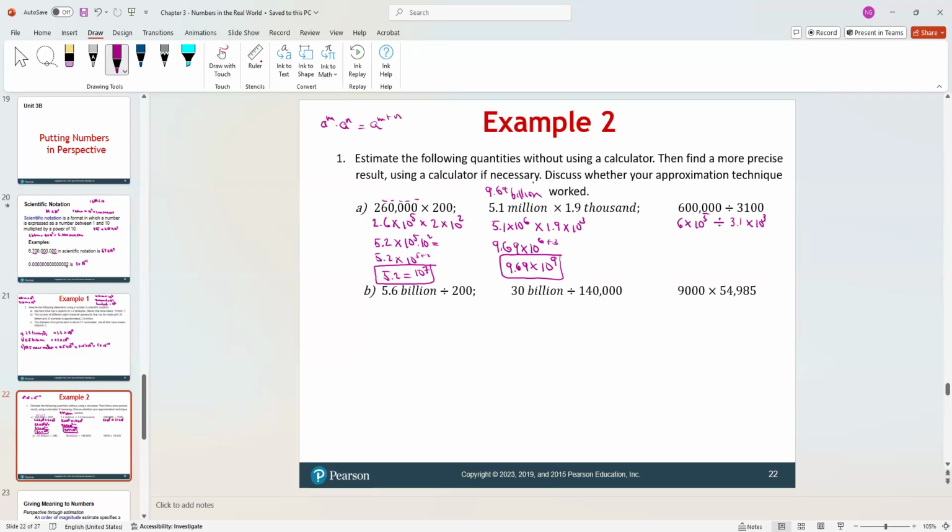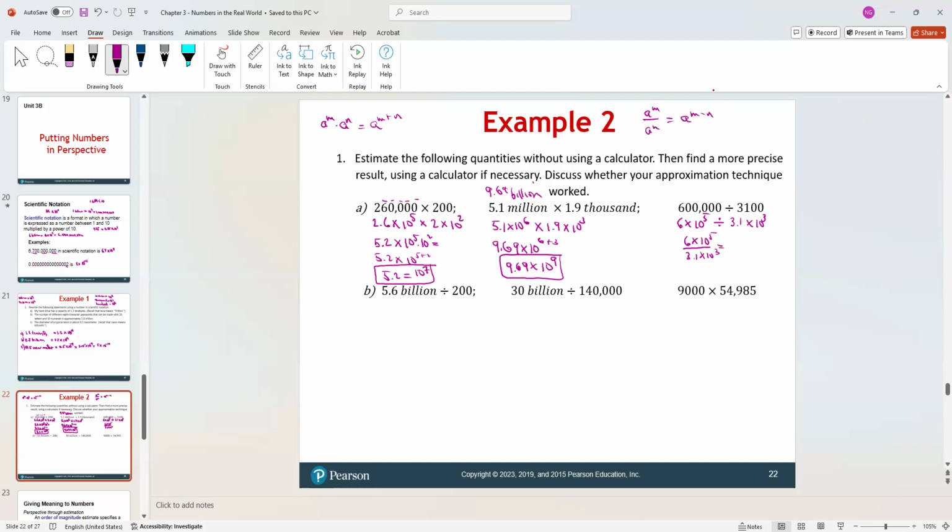Now remember, we're doing divisions, all right? So what we have here is 6 times 10 power 5 over 3.1 times 10 power 3. We know if you have a power m over a power n, you subtract the exponents.